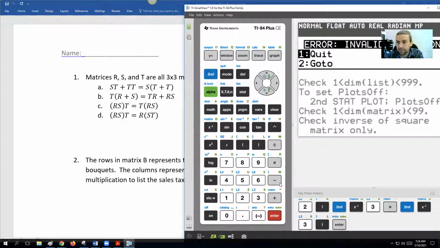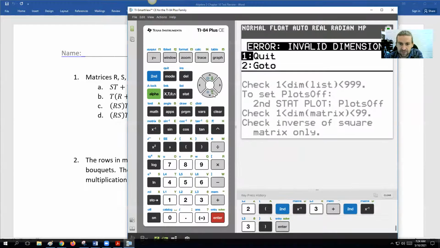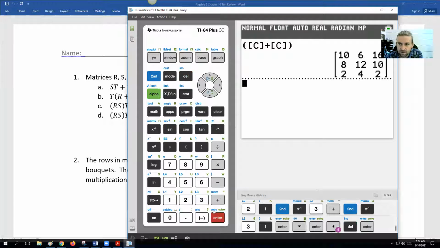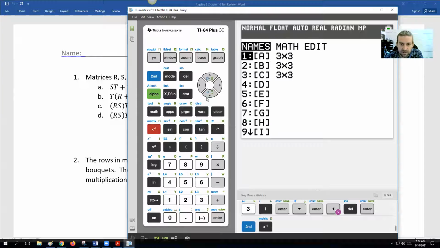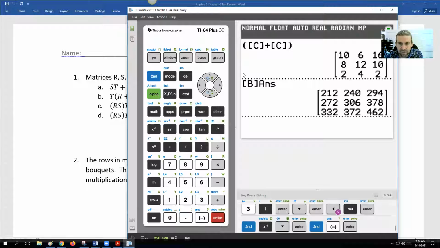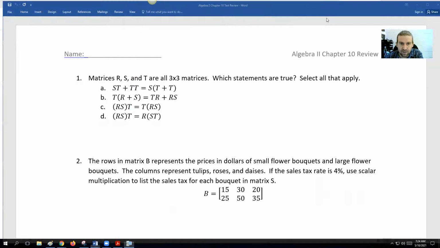All right, we get an error here, so clearly it is not the same thing. What does it say? Invalid dimensions. And then what if we did matrix B times answer? Yeah, we would have gotten a different answer anyways.